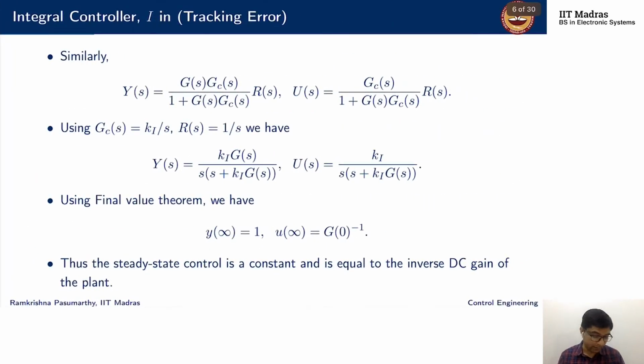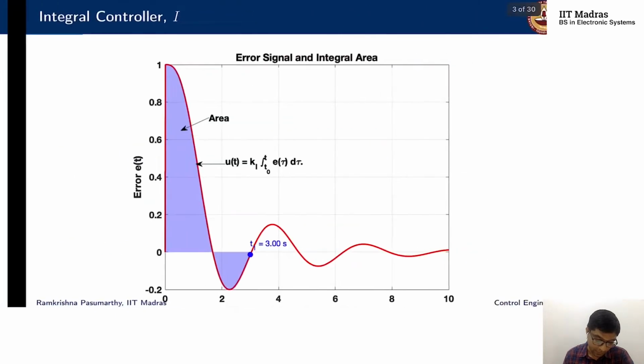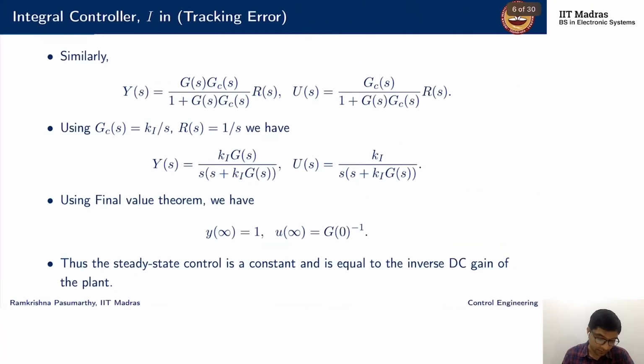Similarly, I can do a bunch of things here. If I look at the closed loop system, here I have the error E of S. The important signal here is U of S, which actually tells the plant what to do in terms of meeting the desired performance specifications. Let me look at two terms here.